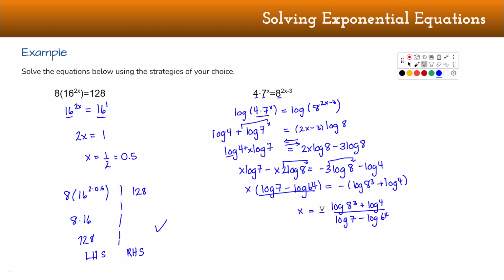Now I have this negative here. Well, if I ran that through the denominator, that's going to give me log of 8 cubed plus log 4. And it's going to change the signs of the bottom, so that's going to give me log 64 minus log 7 on the bottom.